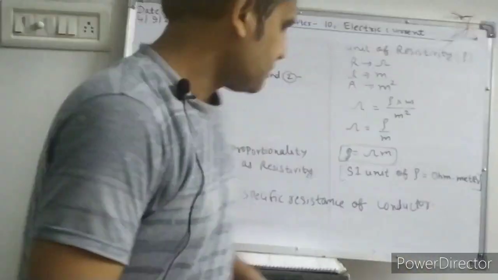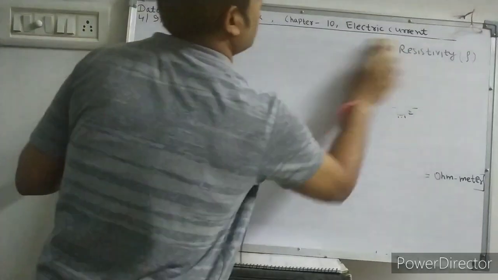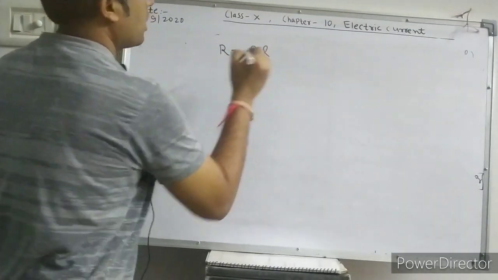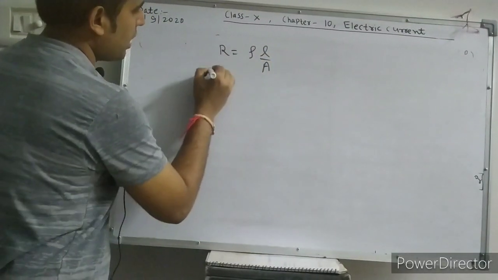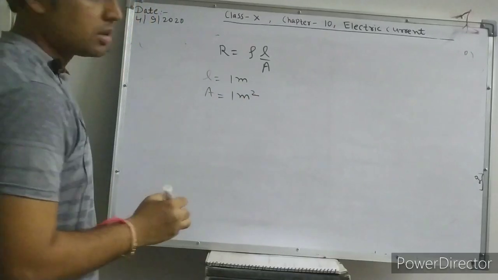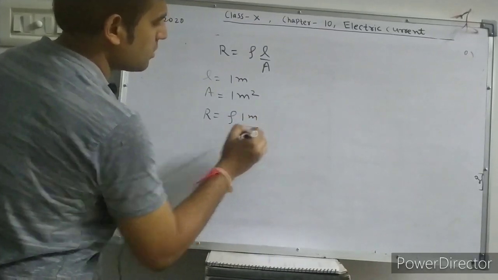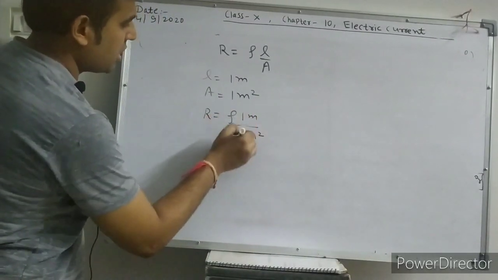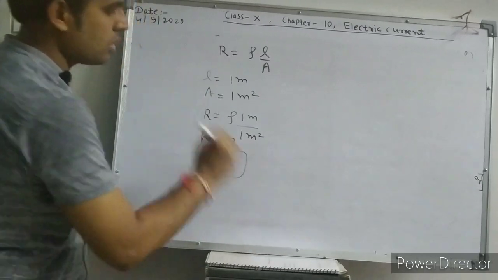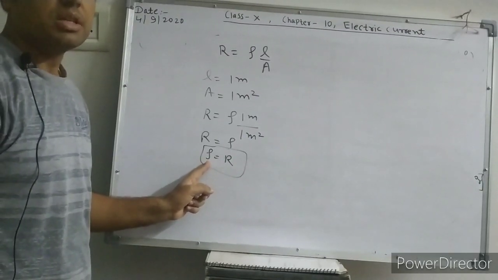Now suppose R equals rho L upon A. If you put L equal to 1 meter and A equal to 1 meter square, then R equals rho times 1 meter upon 1 meter square, so R equals rho, or rho equals R. So what is the definition of the resistivity or specific resistance?